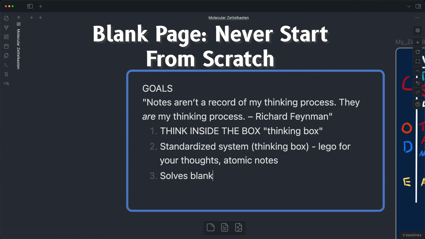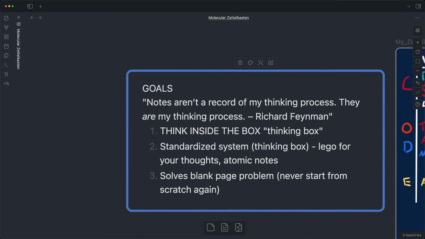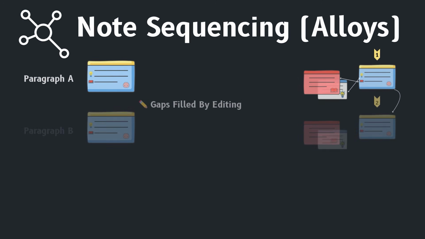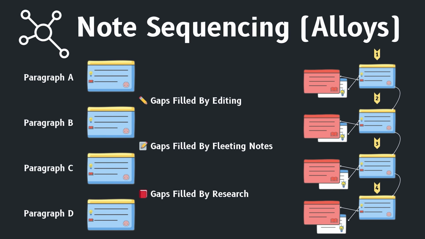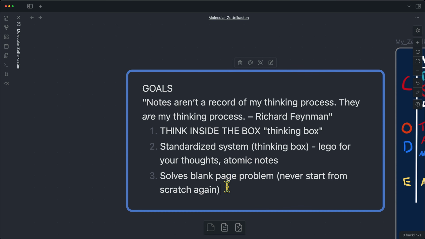The next goal is to solve the blank page problem, which is another way of saying never start from scratch. Because once you've gone through and created your Lego blocks, your atomic notes, you begin building up your molecular system of your permanent notes. You'll have hundreds or thousands of pieces that you can put together in any combination you want. You can think of it as you have an idea, a new project comes to mind, and that's kind of like the instructions of a Lego kit.